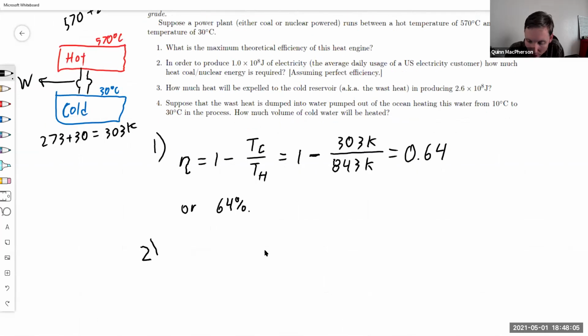Okay, number 2. We're going to pretend we're running at maximum possible efficiency, so 64%. In order to produce 1.0 times 10 to the 8th joules of electricity, that's about U.S. daily consumption per consumer, how much heat, whether the heat is coming from coal or nuclear, do you need?